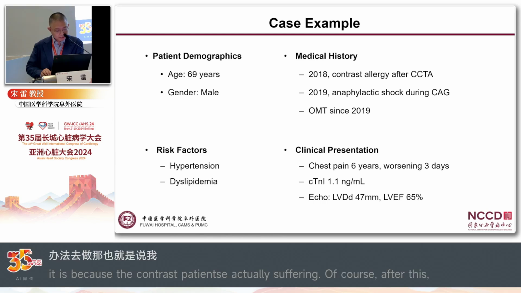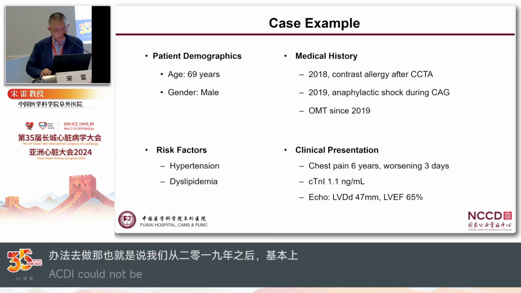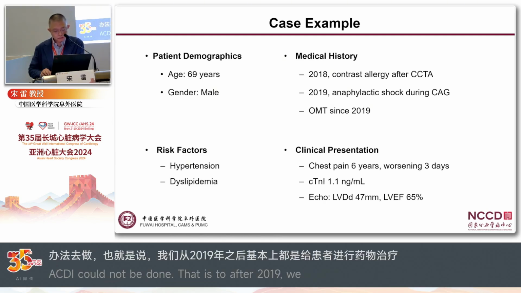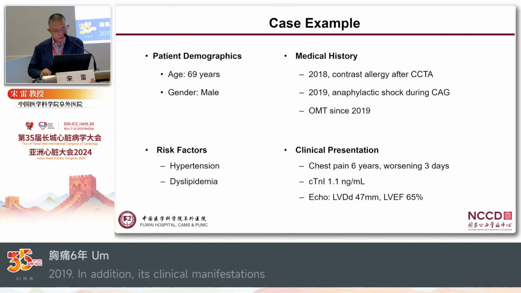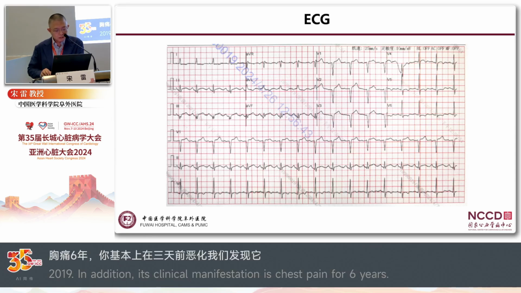2019. The patient has had chest pain worsening for 3 days, and the troponin I is 1.1 nanogram per milliliter. The echo shows ejection fraction is normal. Here's the EKG.